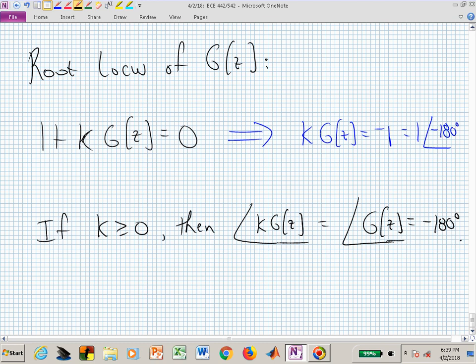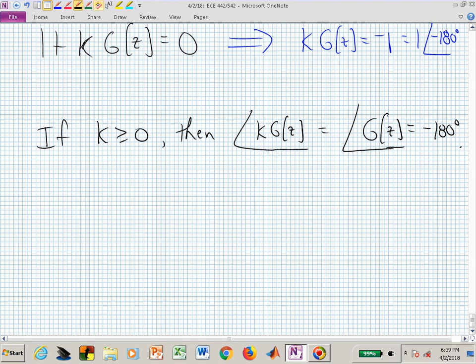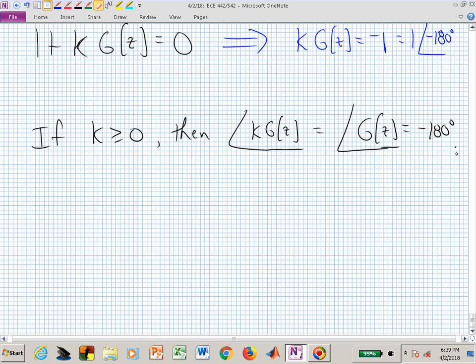And we now want to know what are the poles if k is non-negative, if it's greater than or equal to 0, then the phase of kg of z is equal to the phase of g, has to equal minus 180, on the root locus.